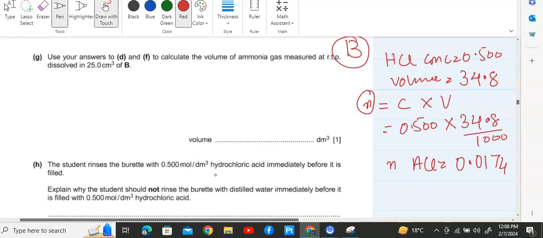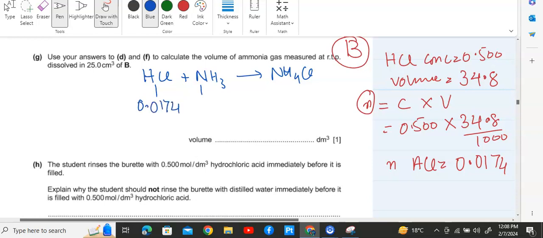The number of moles of HCl is 0.0174. Now you apply the ratio method from the equation HCl plus NH3 combine to form NH4Cl, where 1 mole reacts with 1 mole, so 0.0174 moles of ammonia. They are asking about volume in dm cube.